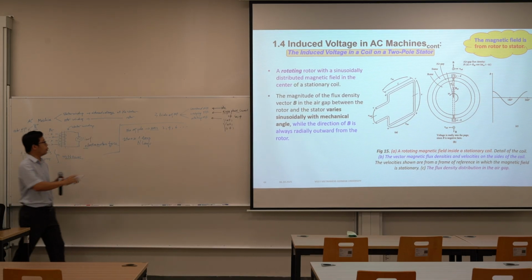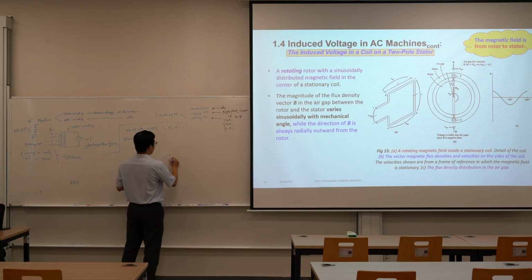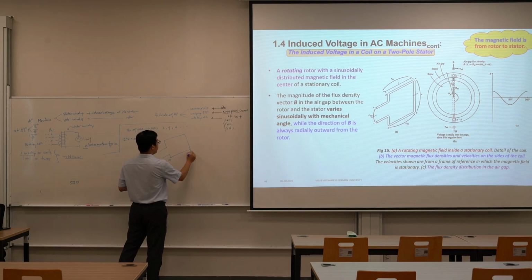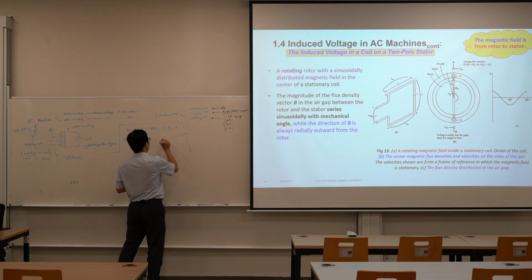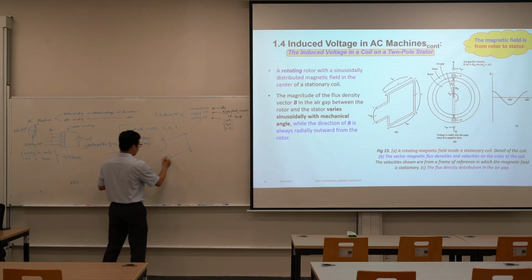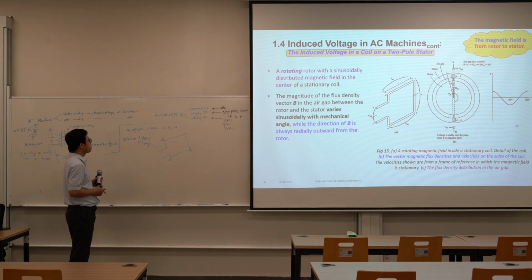For now we just think of one loop with four segments, A, B, C, D. If we have n loops, the analysis of the induced voltage is the same.